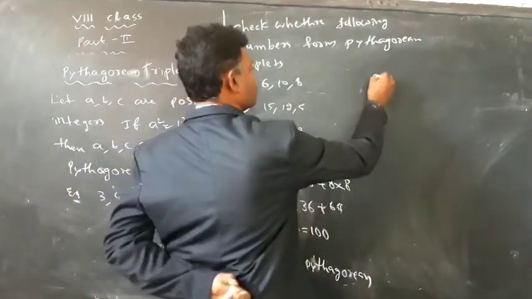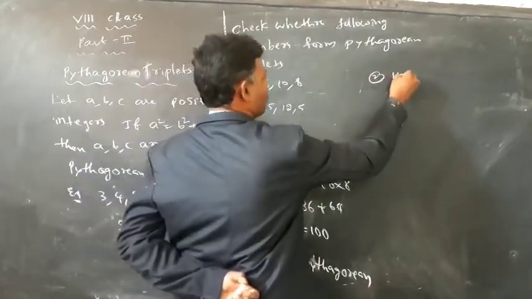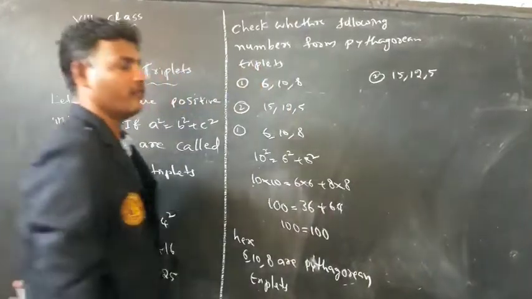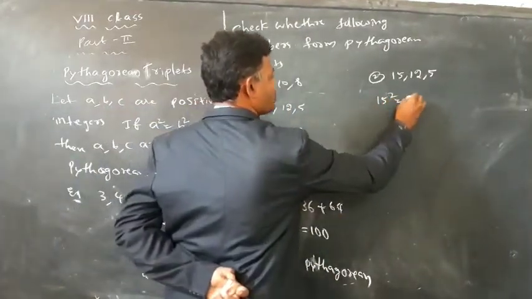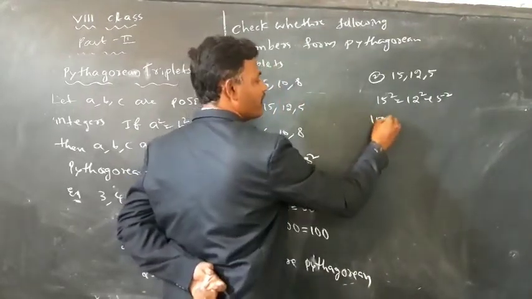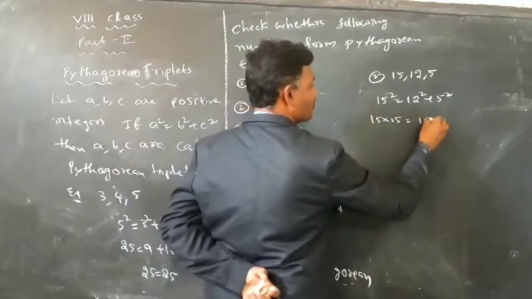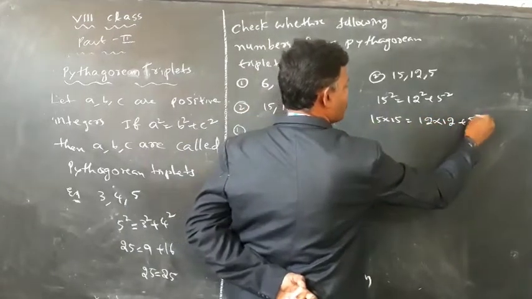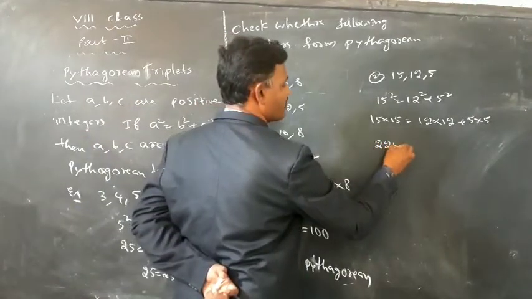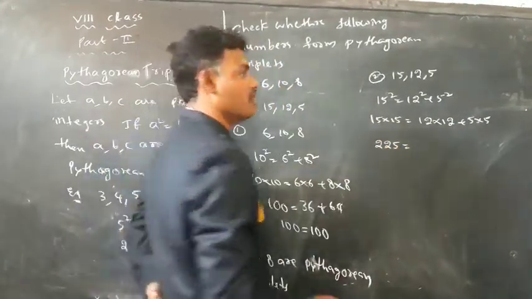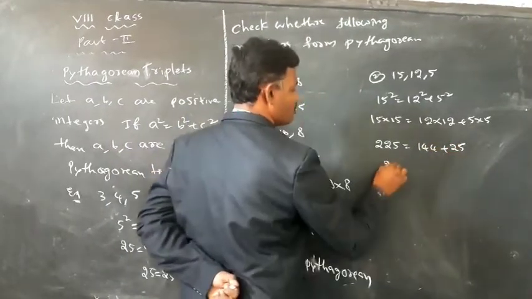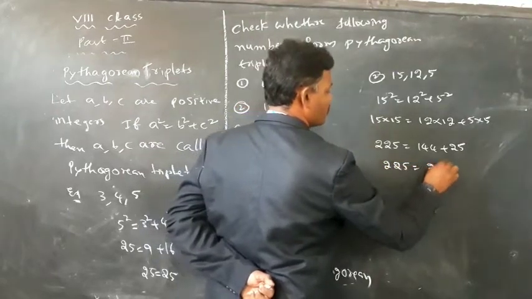What about the second question? The second question is 15, 12, 5. In this, what is the larger number? 15. So 15 square is equal to 12 square plus 5 square. 15 square means 15 into 15, 12 square means 12 into 12, plus 5 square means 5 into 5. 15 fifteens are 225, 12 twelves are 144, plus 5 fives are 25. 225 and 169.